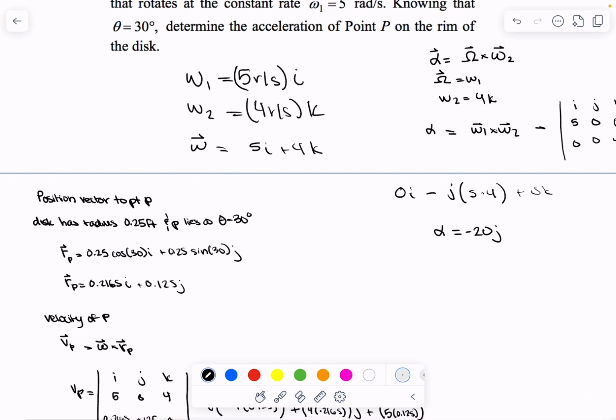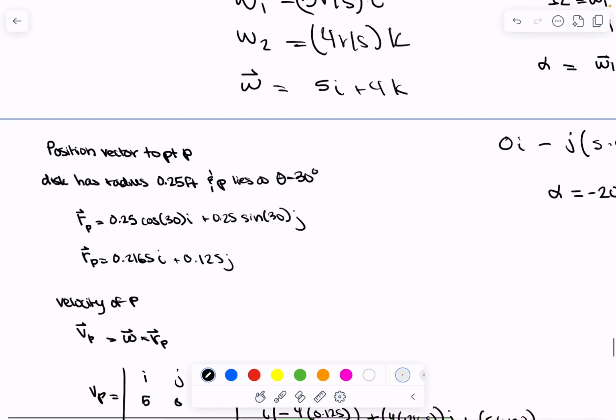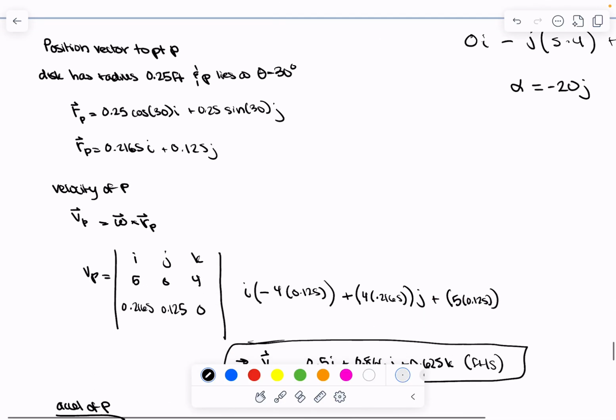For the position vector to point P, the disk has radius 0.25 feet, and P lies at theta equals 30 degrees. Splitting this into components along the I and J directions, we get r_P equal to 0.2165I plus 0.125J.